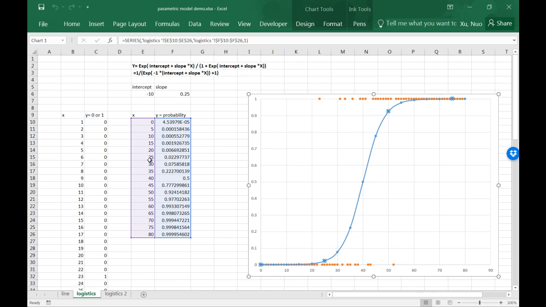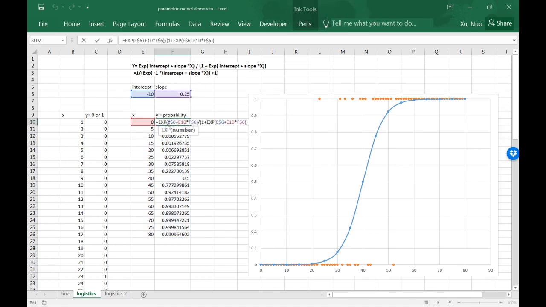Set 2 points are described by this equation called a logistic regression. It can be expressed in either this way or this way. It looks very complicated and involves an exponential function. But again, for our conversation purposes here, we only need to know this S-shaped curve is controlled by two parameters, the intercept and slope. Again, let's try a few numbers to get a feel of it.